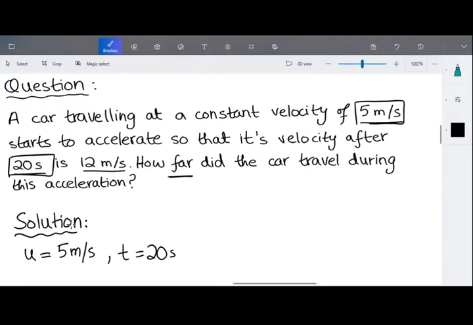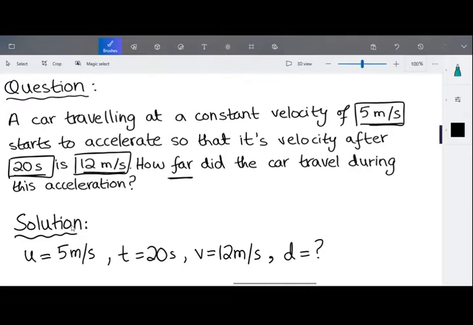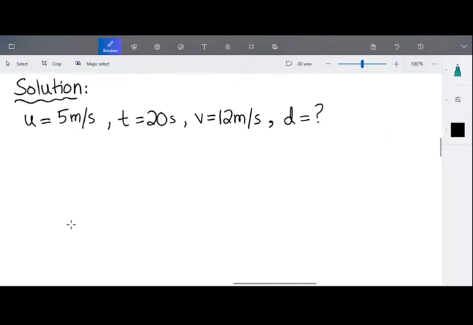And we know that after the 20-second time period, it has a velocity of 12 meters per second. So that's going to be our final velocity. And since they're asking us to find how far the car traveled, what we're really looking for is the displacement over here. Now, this summarizes all of the knowns and the unknowns in the question. So we don't really need the text of the question anymore.